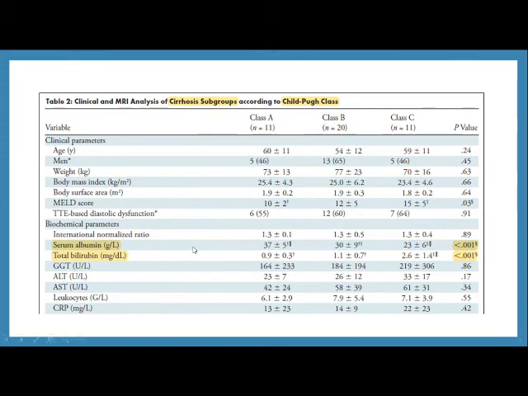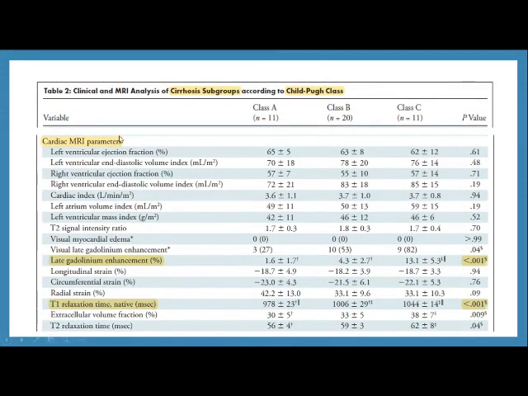You can see that albumin level drops as you go further into advanced stages of liver disease. Then the cardiac MRI parameters, basically late gadolinium enhancement was statistically significant. You can see that it's significantly higher in the advanced class C group, 13 versus 1.6. The late gadolinium enhancement, we'll mention that later.